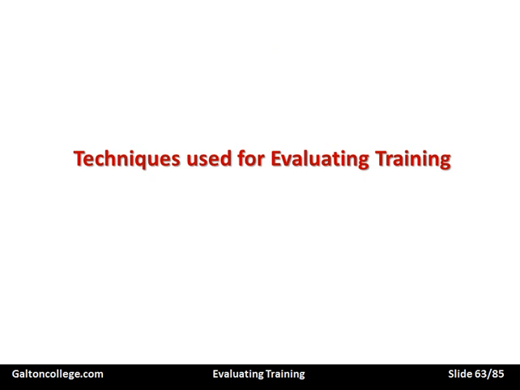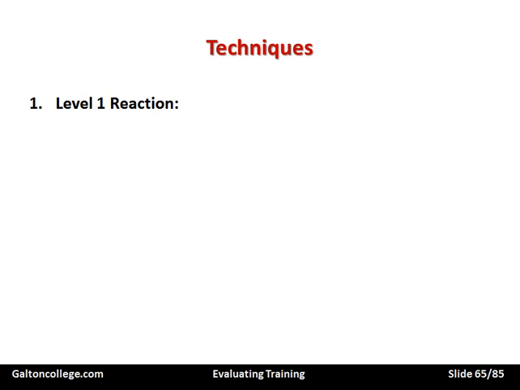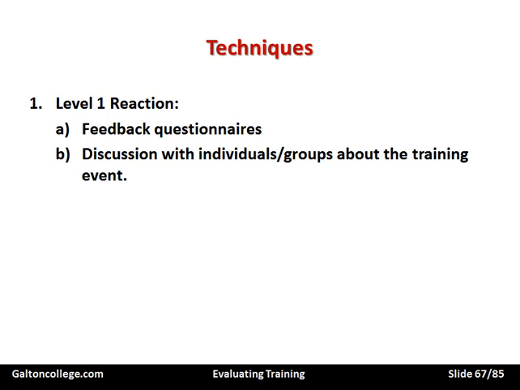Now, techniques used for evaluating training. Well, level 1, reaction. Could be feedback questionnaires. As I said, could be biased. There could be issues about filling out the questionnaires, fear of intimidation if they put down a lot of negative comments, or perhaps they're not paying attention to filling out the questionnaires. A lot of bias involved in questionnaires. Discussion with individuals or groups about training events.